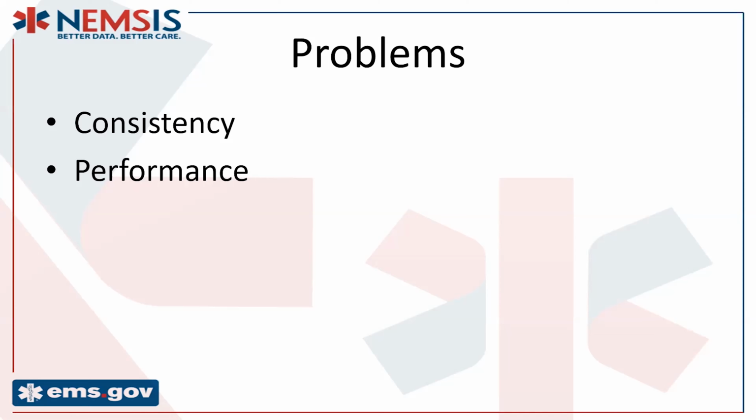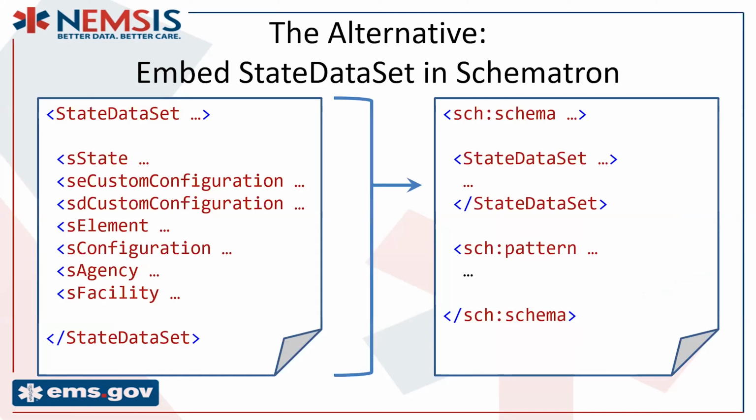So the alternative that I'd like to discuss today and show how to do is this idea that you just embed the state data set in the Schematron schema. Now, every time you update your state data set, you do have to regenerate the Schematron schema. But since it's simply embedding the state data set, you're guaranteed that you'll have consistency between the contents of your state data set and your Schematron rules, because the Schematron rules are actually referencing that state data set.